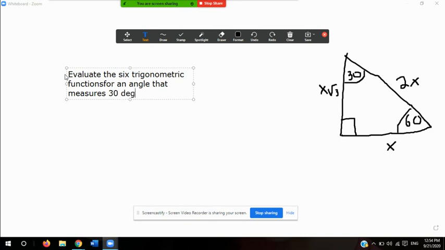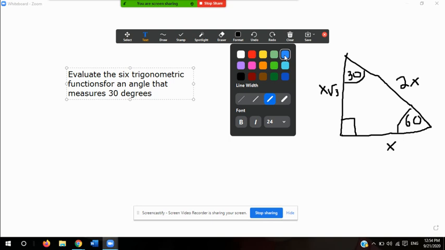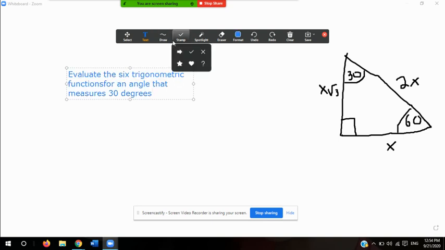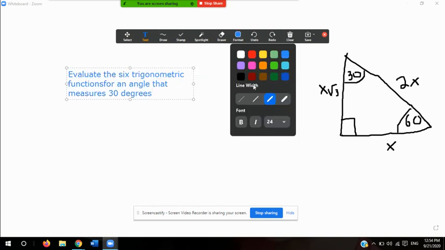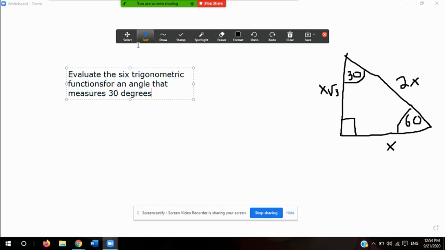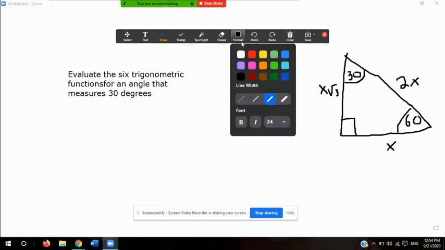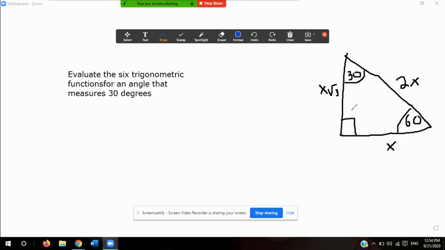We know the 6 basic trigonometric functions because we worked with them before. So that means we're going to look for the 6 basic trigonometric functions of the 30 degrees, so we're going to focus on this angle here.